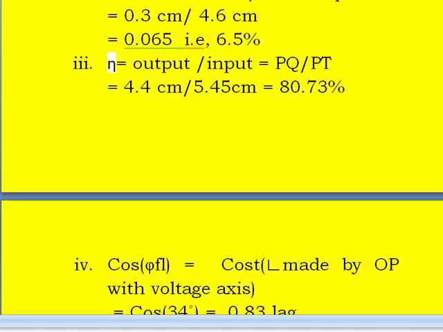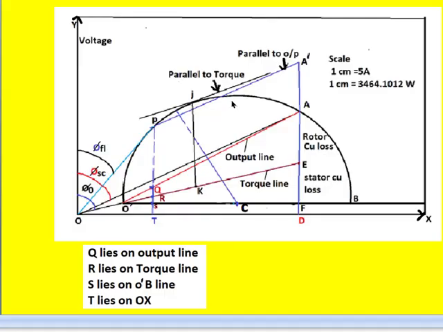Let me summarize the answers for this problem. We found the full load line current, that is OP, and the full load power factor angle, that is the angle between OP and the Y axis, phi FL. Cos of that gives the full load power factor.